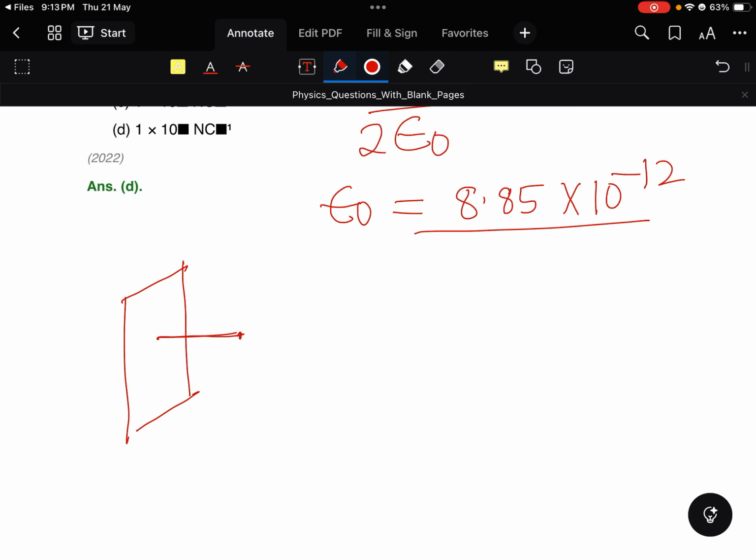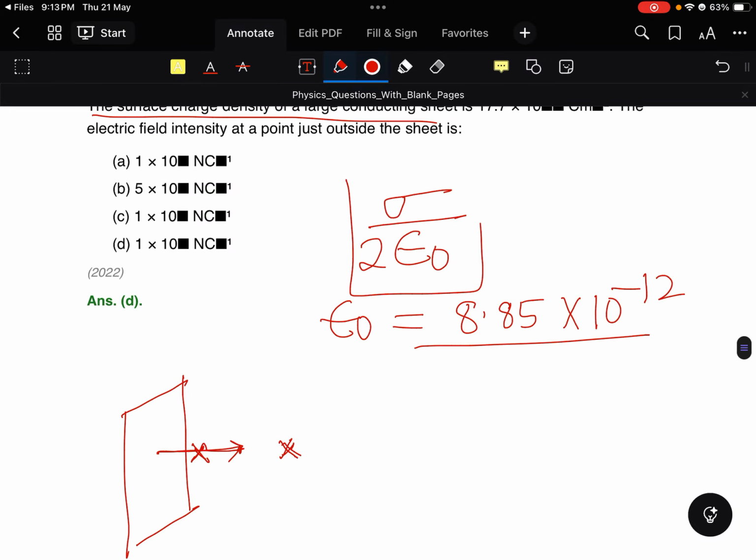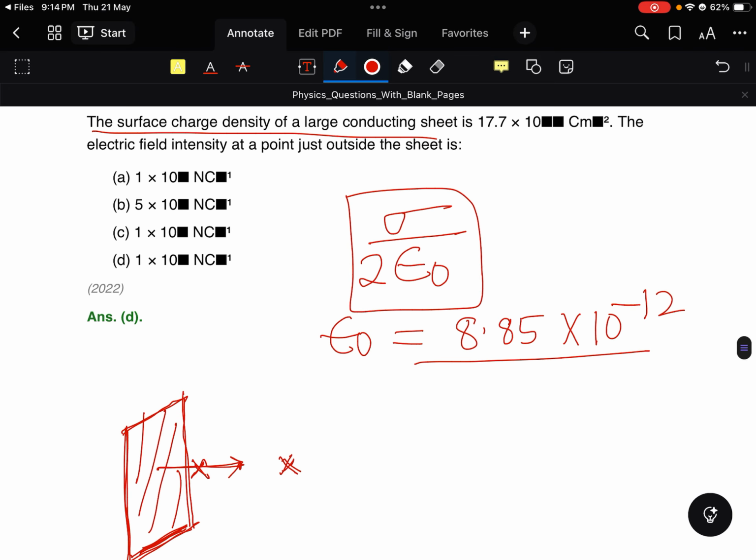And from here, what is the electric intensity at any distance, whether it is just outside or 10 centimeter far from the plate? The formula will remain this. But if it is given that it is a thin sheet, means a sheet of finite thickness, then it will become sigma upon epsilon naught.